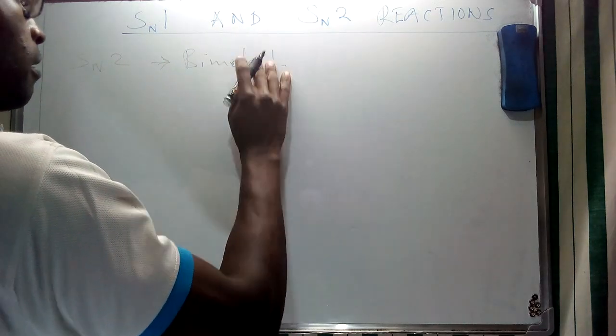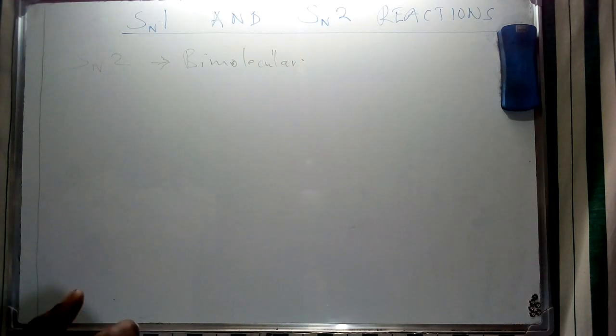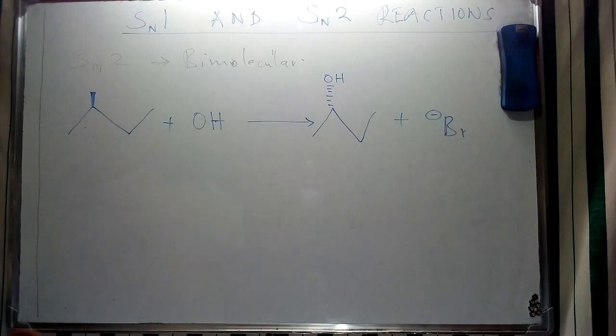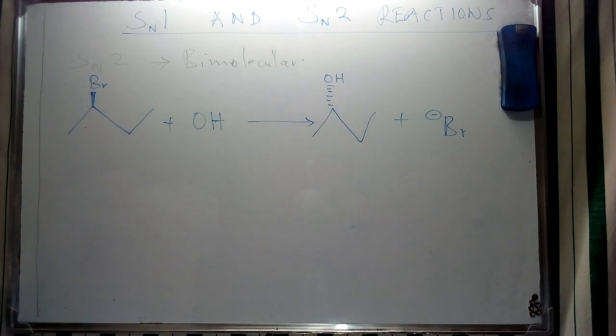I'm going to use an example to illustrate this so that we can understand. I'm going to have an illustration on the board for the same, which will assist us in understanding the concept of a bimolecular nucleophilic substitution reaction.